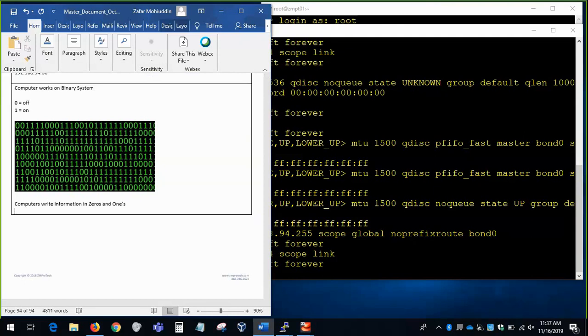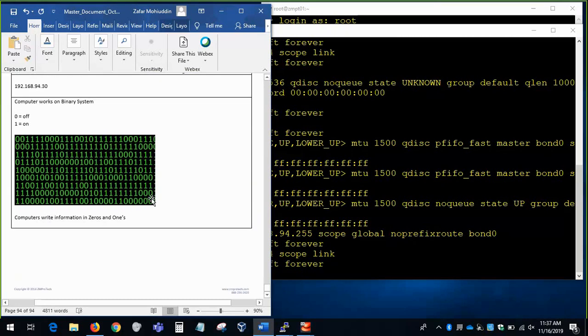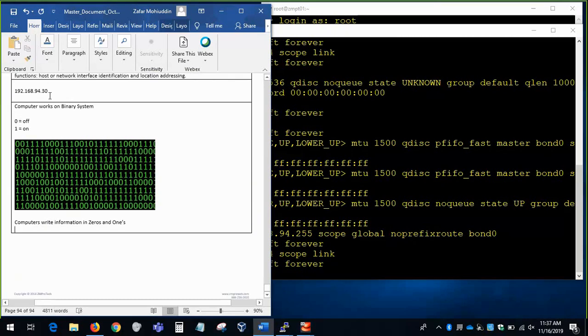Okay, so let's take a look at exactly what 192.168.94.30 is. 0 is 0 and 1. So how many numbers do we have in 0 and 1?